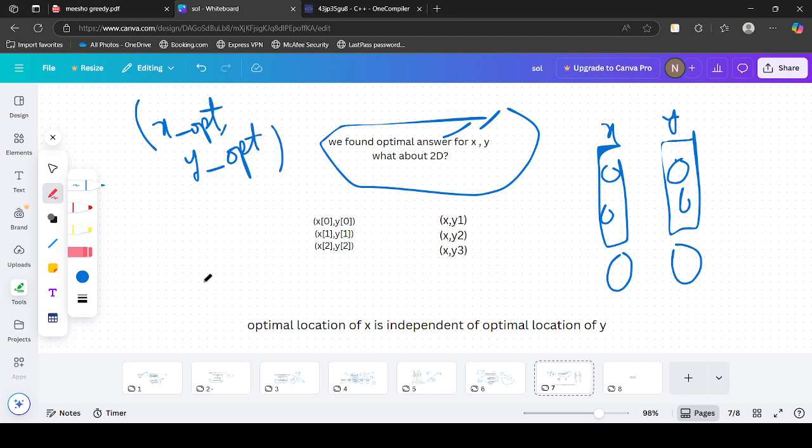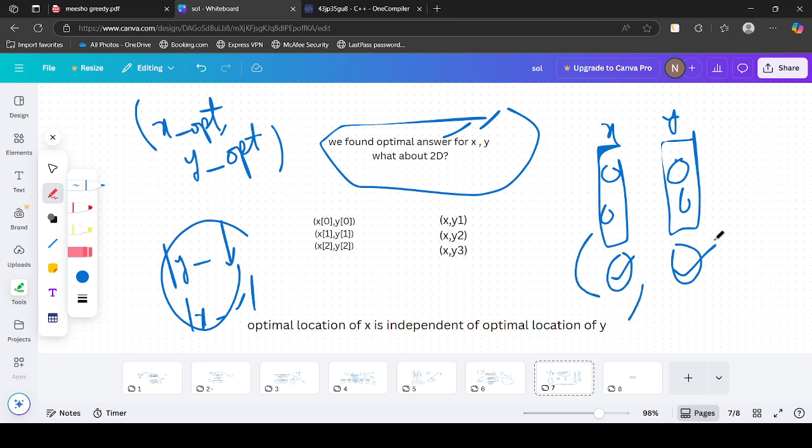The distance between the points is just the absolute value of y minus some constant plus the absolute value of x minus some other constant. There is no dependence between x and y, so we can find the optimal answer for each separately and the new point will be their combination.